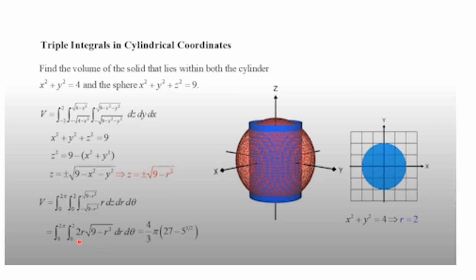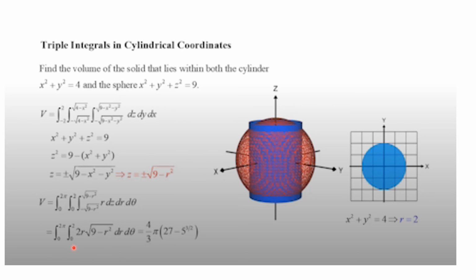So when you integrate that, that's just going to be 2 times the square root of 9 minus r squared. And then this is r dr d theta. And here's that other r that we got because of the conversion to polar coordinates. dv becomes r dr d theta dz. So this is that factor of r that I get.